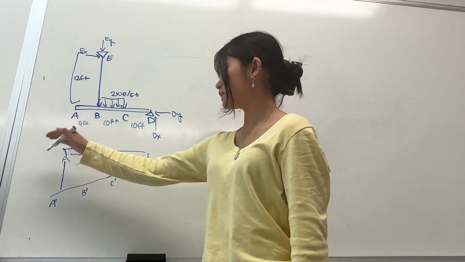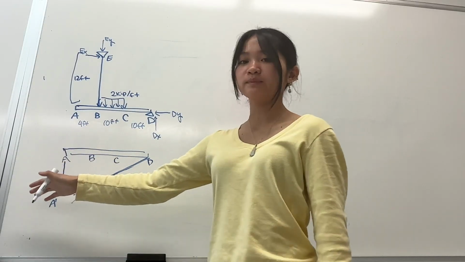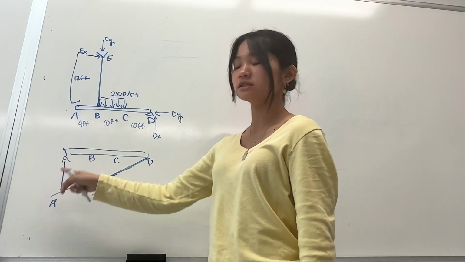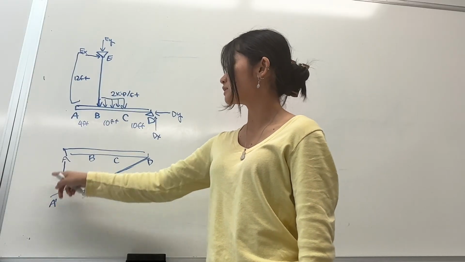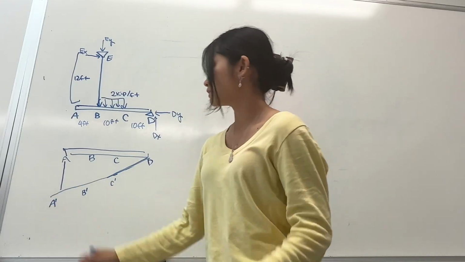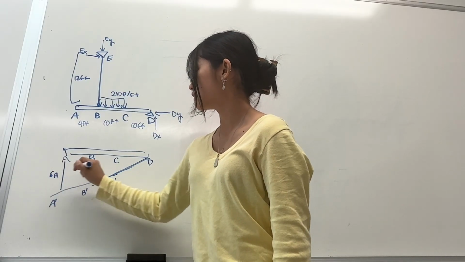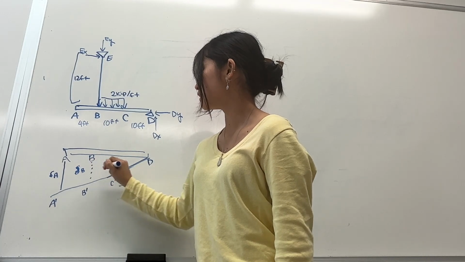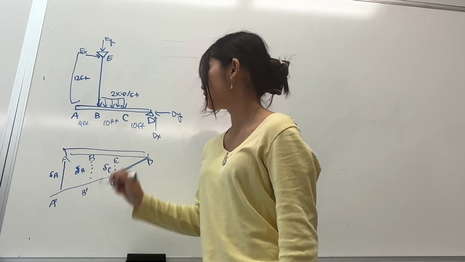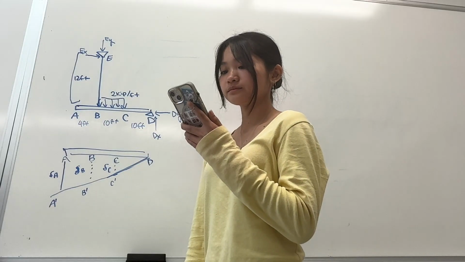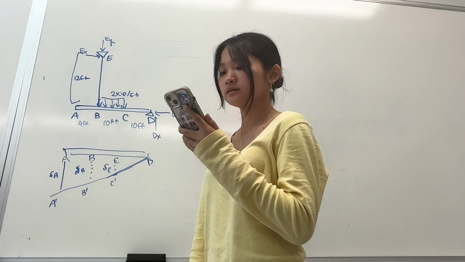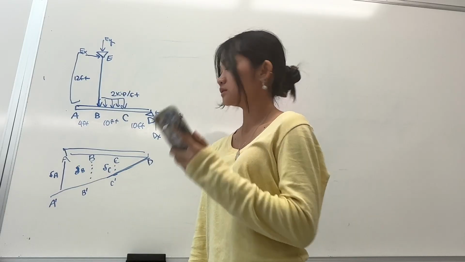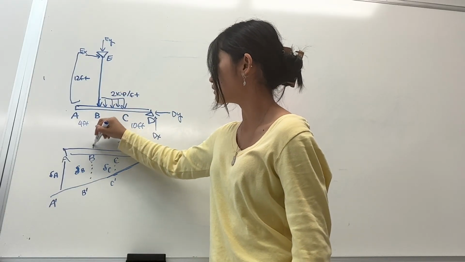And then now we can write our displacements. So this line right here, the distance from A original to A prime, is the displacement of it. So we have displacement of A, and then displacement of B, and then displacement of C. And then I guess we can still draw our other forces.